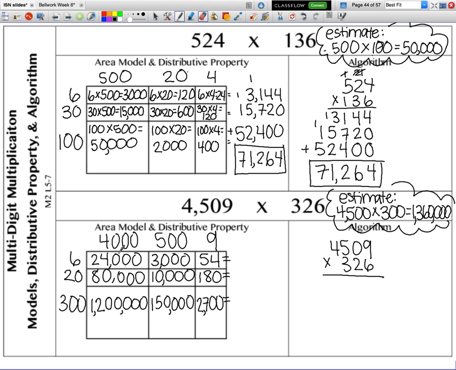So on top, I'm adding 24,000 plus 3,000 plus 54. That is going to give me 27,054. Then I'm adding 80,000 plus 10,000, which I know is 90,000, plus 180 gives me 90,180.